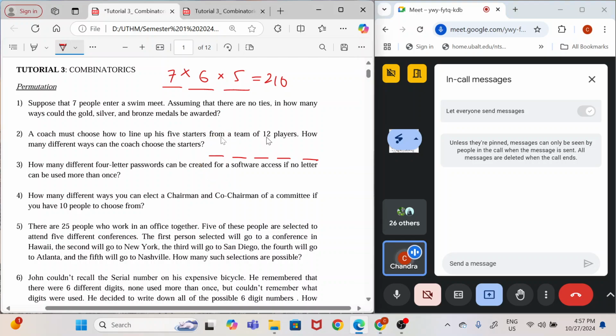First player can be any one of the 12 people. Second player can be any one of the 11 people, because one is chosen already, so reduce. Third player can be any one of the 10, 9, 8. Okay, if you multiply all, you get 9504.